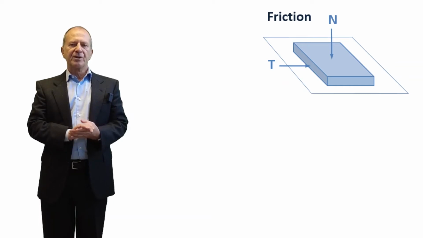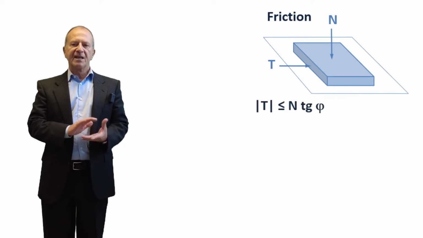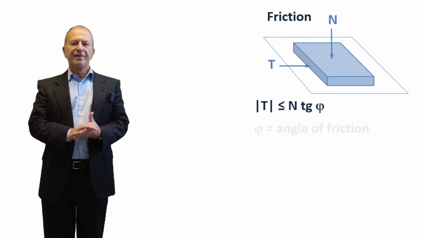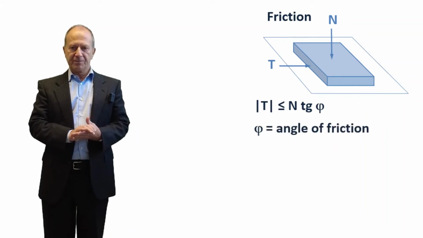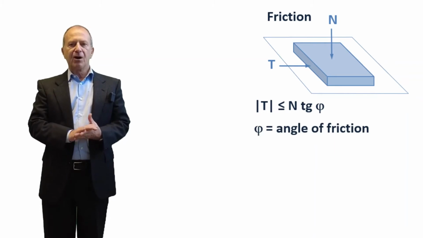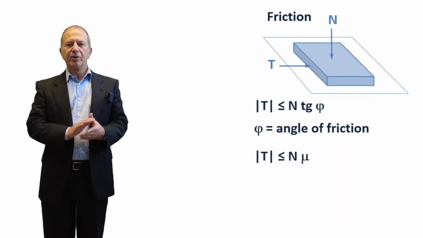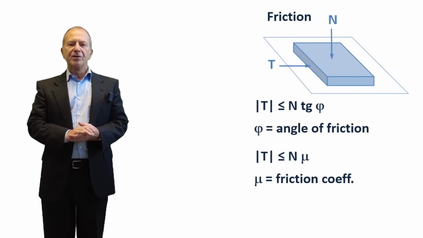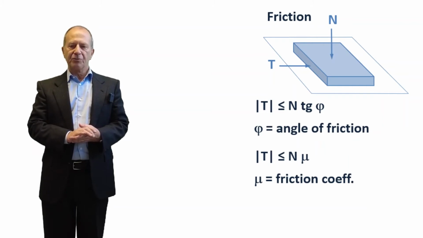It is well known that the block will not slide if the modulus of T is less than or equal to N times the tangent of phi, where phi is called angle of friction. This condition is often rewritten as modulus of T less than or equal to N times mu, where mu is the tangent of the angle of friction and is called the friction coefficient. Both phi and mu depend on the roughness of the surfaces in contact.